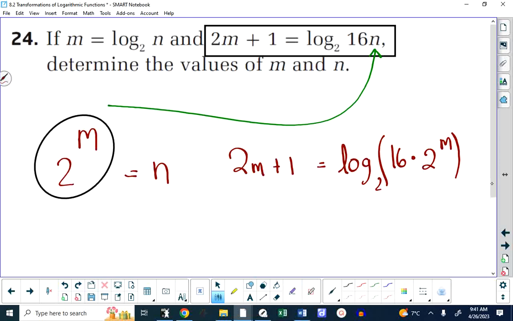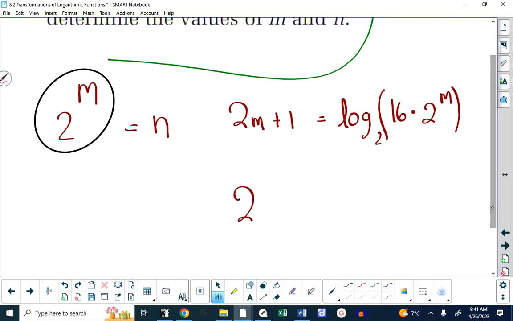And what we end up with is 2, that base, raised to what the logarithm is equal to 16 times 2 to the m. And I will tell you right now that we have turned this question into a problem from Monday, where we learned how to solve exponential equations that contained a common base.